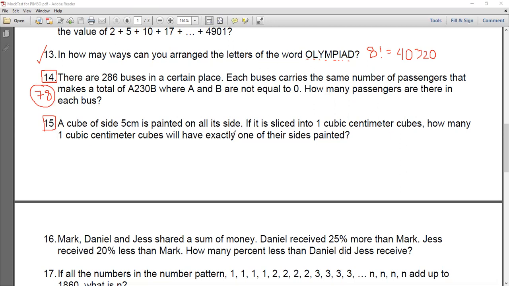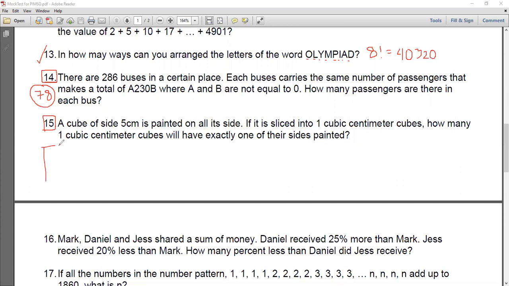Now, how is this? If you encounter this one and we are only after the number of 1 cm cubes that have only one paint, you get the area of, di ba this is a 5 by 5 by 5.